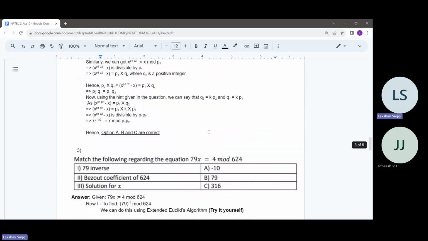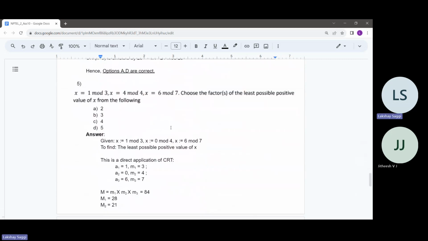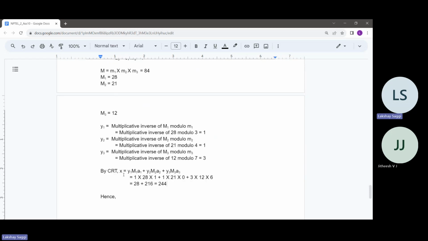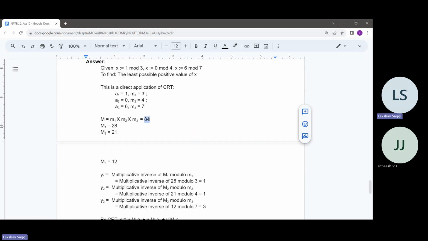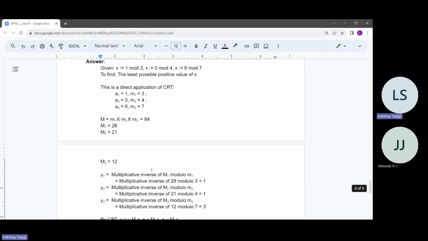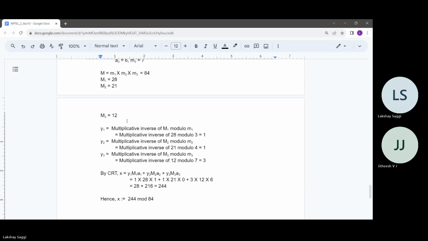So basically this set of equalities, which are 1 mod 3, 0 mod 4, and 6 mod 7, are satisfied by x equal to 244, and so they are satisfied by 244 plus any multiple of capital M. So maybe I'll just write down that x equals 244 mod 84 is a solution for the given equalities.